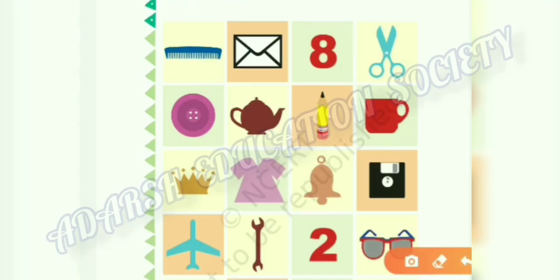Here the first picture is a comb. We can divide the picture into two similar halves. We have to draw a vertical line or horizontal line. Here we draw a vertical line to divide the picture into two similar halves. Now the next picture, envelope. First of all we have to decide if it makes two similar mirror halves or not.